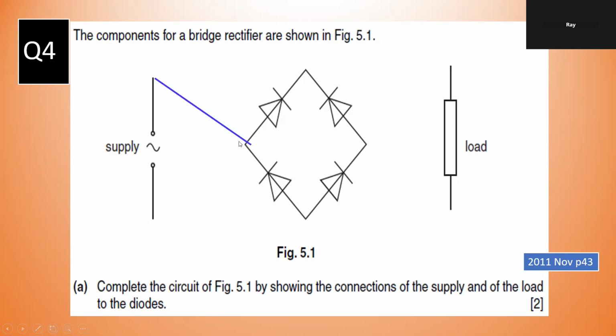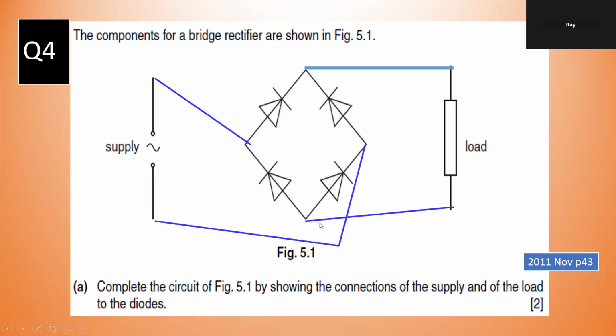Supply connects to here, where the arrow and the arrow meet, that point and that point. This is not a join, a join is a dot. Join is a dot. Okay or not?